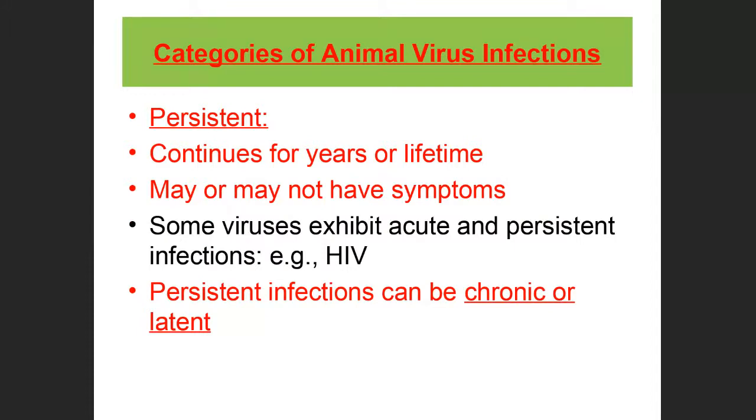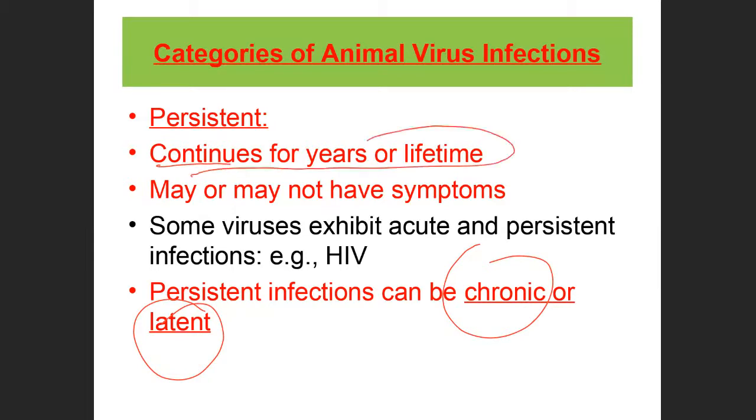A persistent viral infection can be chronic or it can be latent. Either way, this is a condition that lasts for years or a lifetime, and it may or may not have symptoms. Viruses that exhibit both acute and persistent infections, like HIV, are also possible.